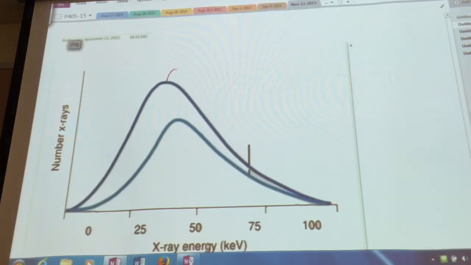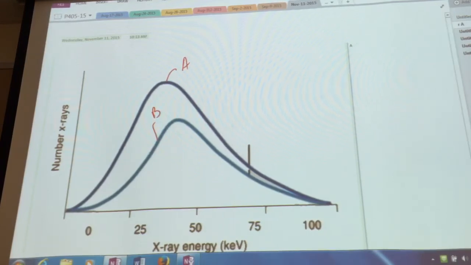Lack of labels. Let's call this A and we'll call this B. Compare the average energies of A and B. Average energy of A is bigger than B. Why do you say that? I think B is bigger than A. The average energy of B is higher than the average energy of A. Where are those averages?